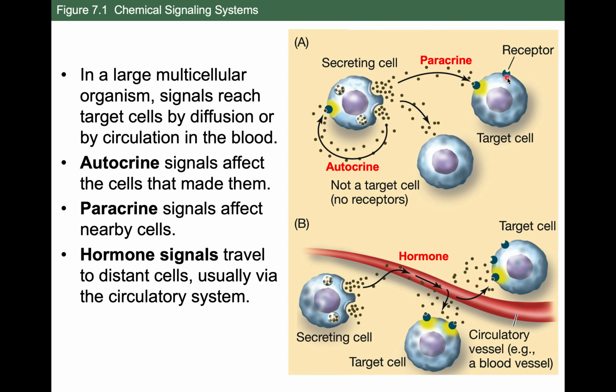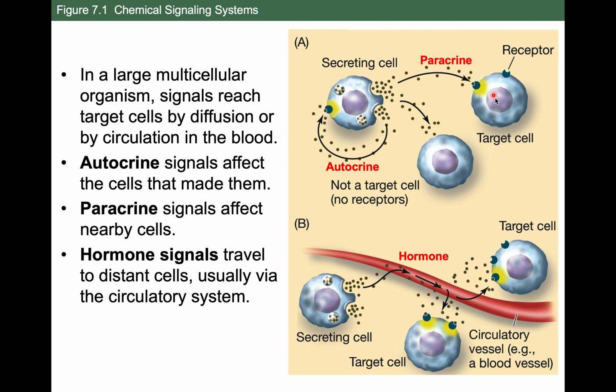This goes back to the eyes or the ears, the capability of perceiving a signal. So this cell has the receptor to actually receive that signaling molecule. So it gets the message. This cell down here, even though it is in the neighborhood and it is kind of being bombarded by these signaling molecules, because it doesn't have the receptor, it's not going to receive that signal.